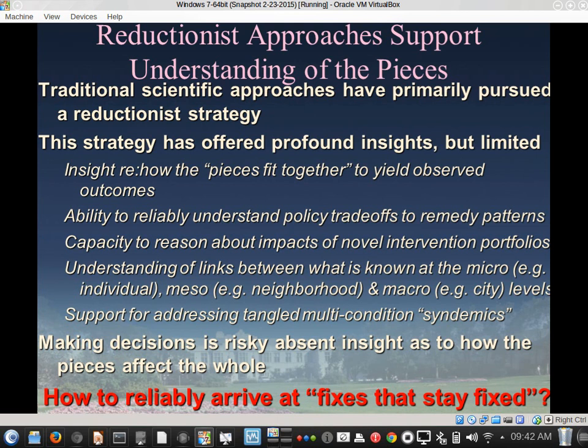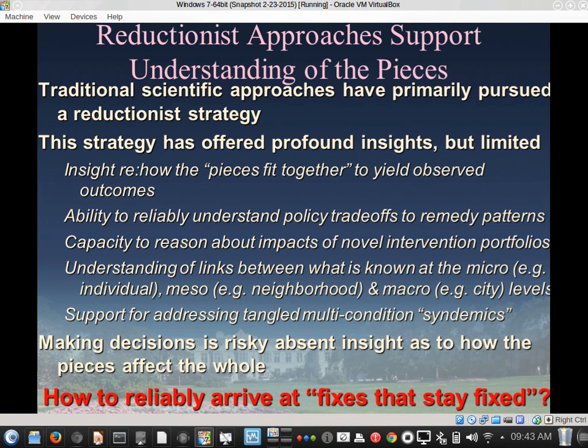It doesn't help us that much when we're dealing with the syndemics context, where we have health conditions that interact, that are entangled at the community level, mental health and substance abuse and domestic violence concerns that are linked together, and where dealing with one really can't be that effective without dealing with the others.